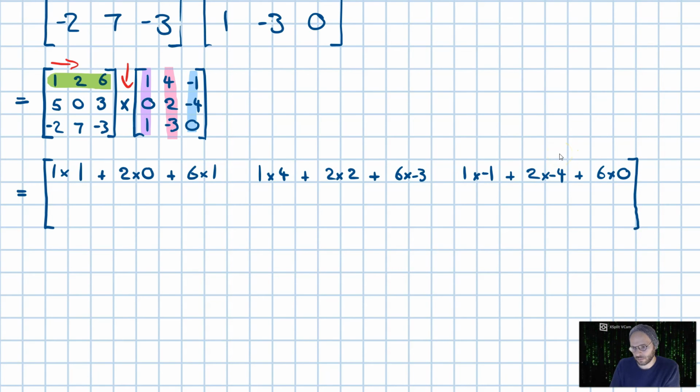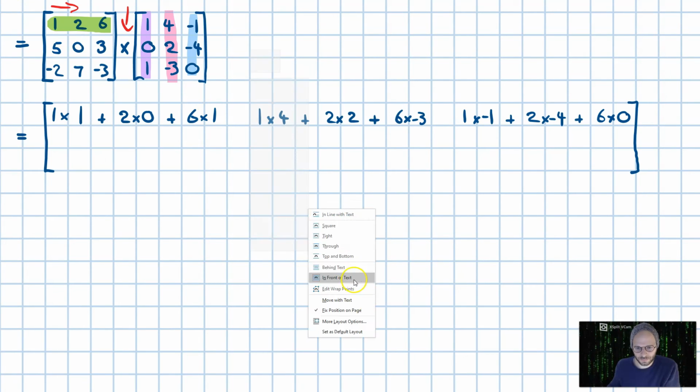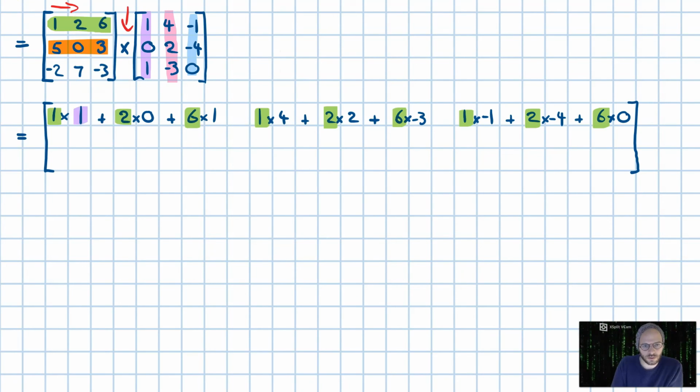So remember, same principle, just more calculations to do. Going down, we have to go for this orange row here, and we're starting back with the purple row. Alright, we're going to go 5 multiplied by 1 plus 0 multiplied by 0 plus 3 multiplied by 1.